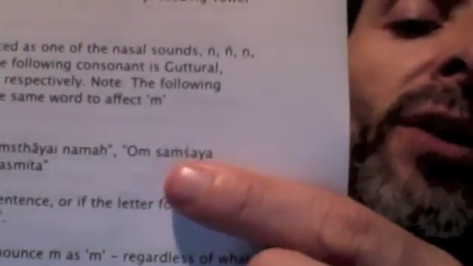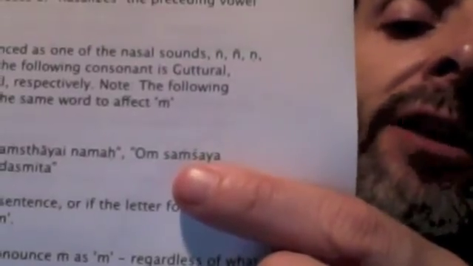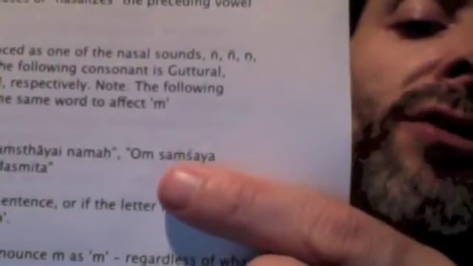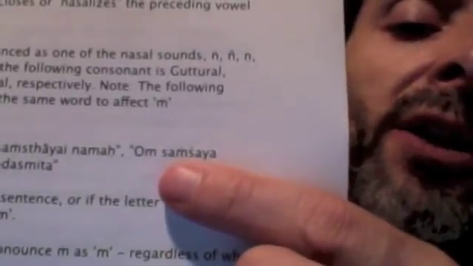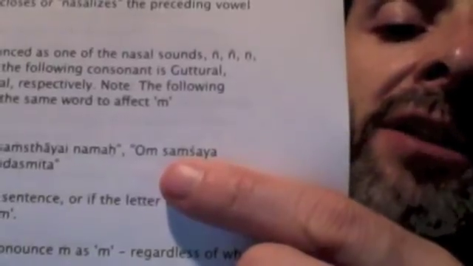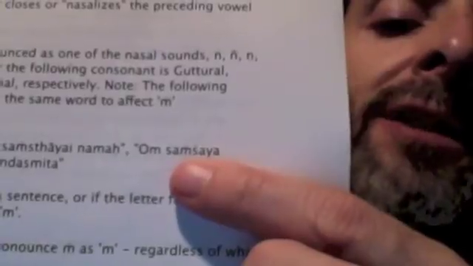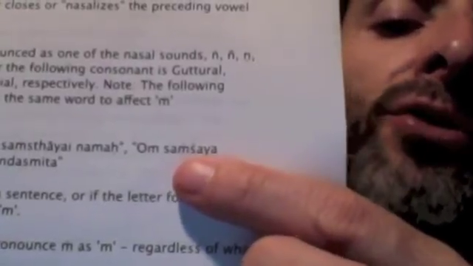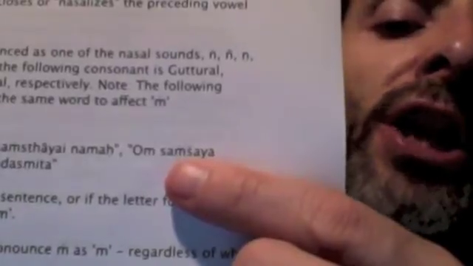So if this sh has the teeth fully closed together, then we want to nasalize this sa with the Anusvara in a way that leaves the mouth in the position of having the teeth fully closed together, so that we're ready to launch effortlessly and with minimal movement into shaya with this palatal sh.